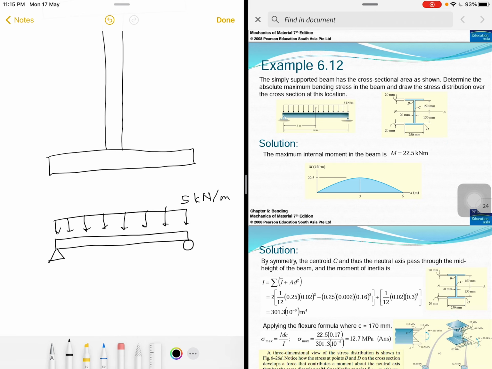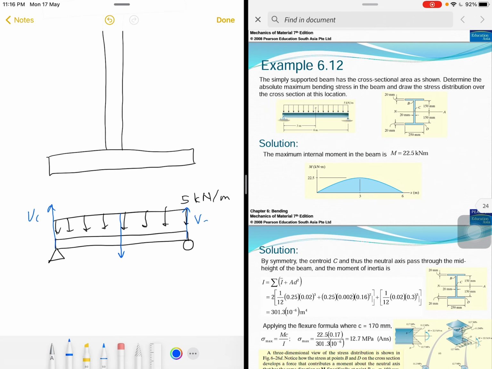And of course, this distributed load can be represented by a single load, which is at the middle. Okay, why? Because this is not triangular but rectangular distributed load. So what is this value? And also before that, we can write the reaction force.